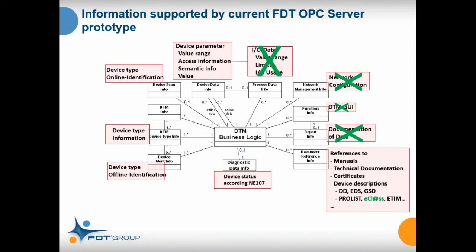We have no support for the DTM user interface, and also documentation of the current data is not supported. Documentation of current data in FDT terms is called report generation. So this does not work at this point of time.